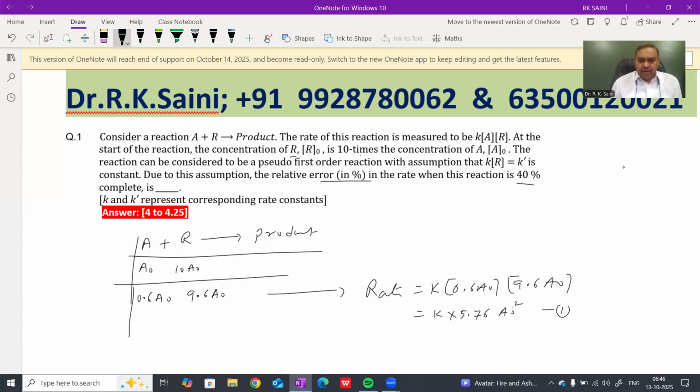Equation 1. Now if we consider a pseudo first order reaction, then we assume the rate K into R equals K dash.